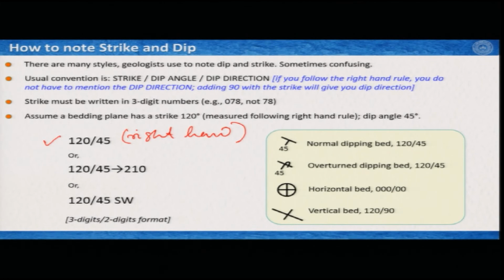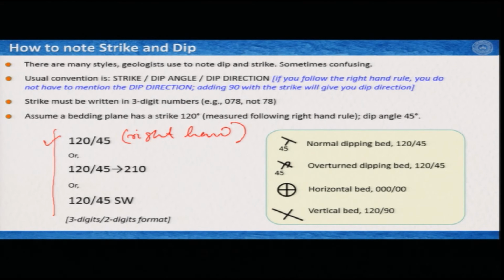You can also write 120 degrees, 45 and then an arrow 210, that is the direction it is sloping. That means it is sloping towards southwest. So you can also write it 120 degrees/45 southwest. So a 3-digit / 2-digit format.